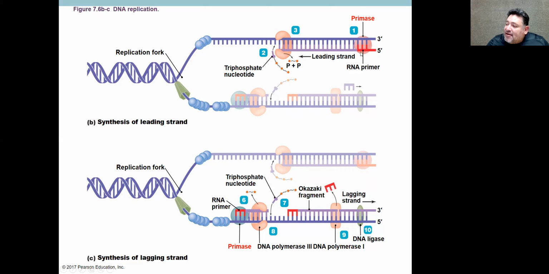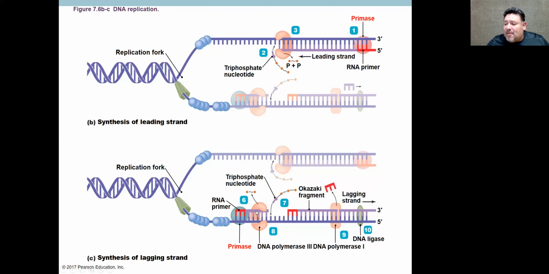On the leading strand, it continuously synthesizes the daughter strand. But on the lagging strand, that DNA polymerase only synthesizes a small fragment of DNA called the Okazaki fragment, and it stops when it abuts the RNA primer of the next Okazaki fragment.